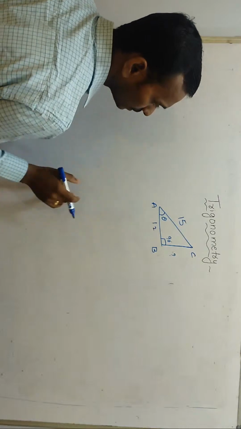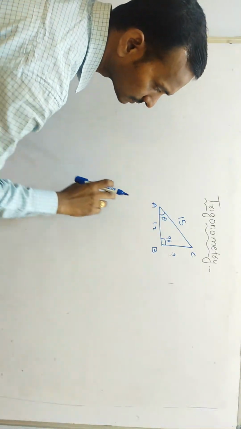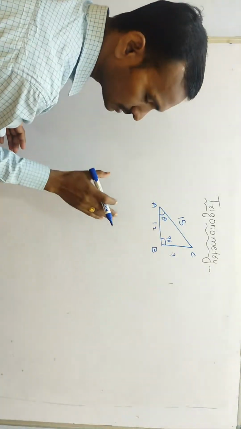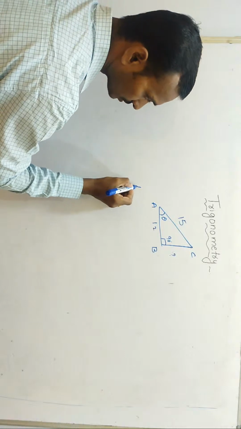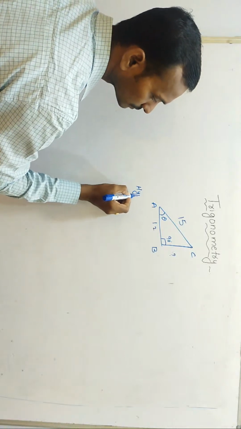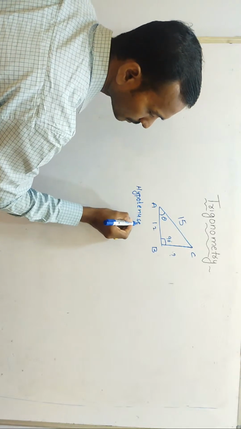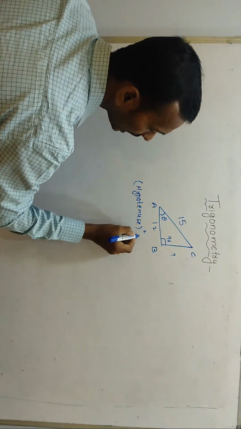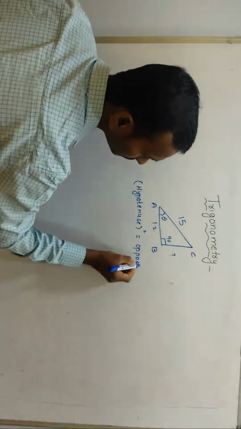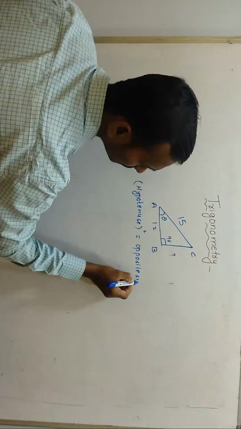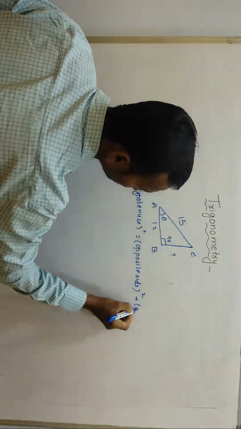If you know two sides of a right angle triangle and want to calculate the third side, what is the formula we have to use? Hypotenuse square is equal to opposite side square plus adjacent side square.